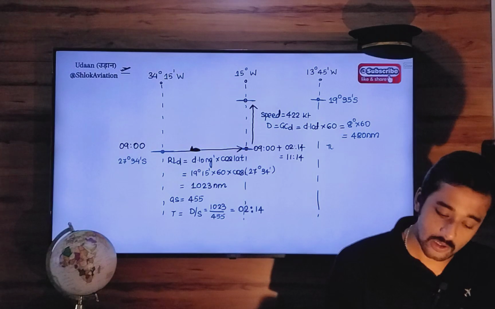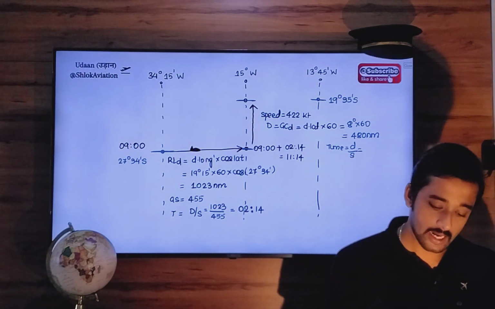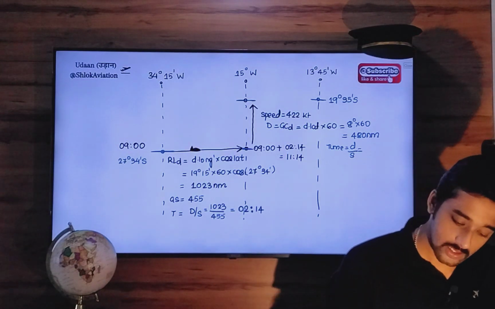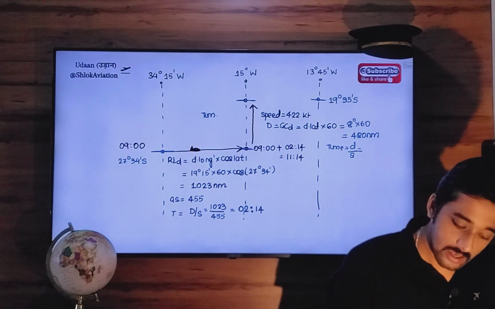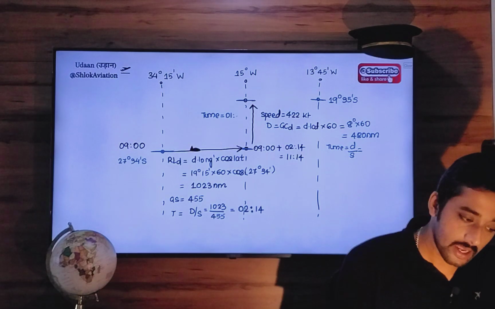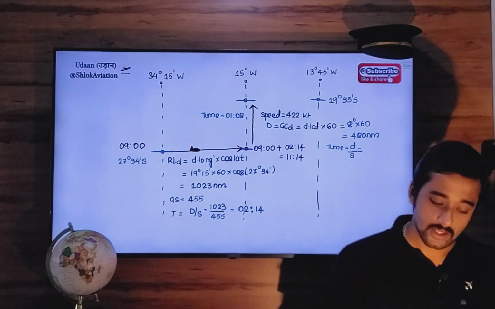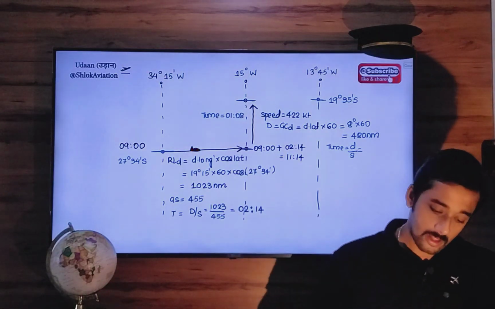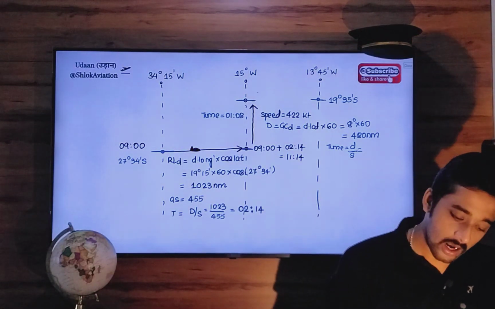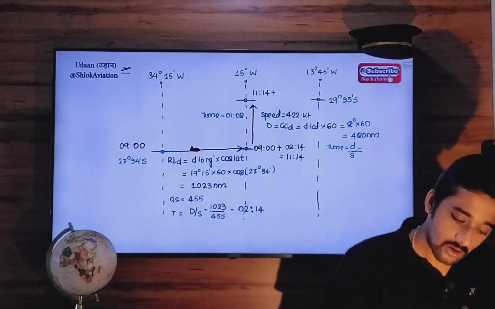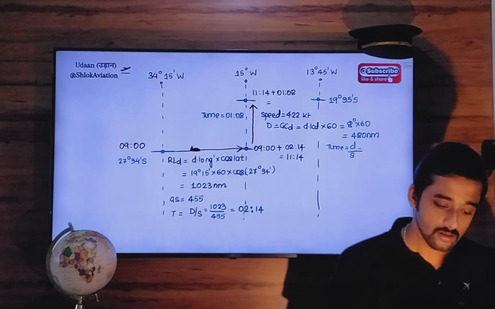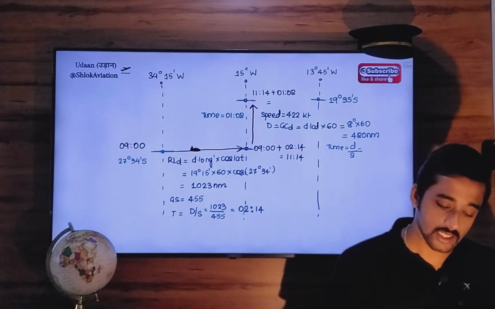Now the time taken to travel will be distance by speed, that is 480 divided by 422, which is 1 hour 8 minutes. So the time at which this aircraft will reach this position will be 11 hours 14 minutes plus 1 hour 8 minutes, which is 12 hours 22 minutes.